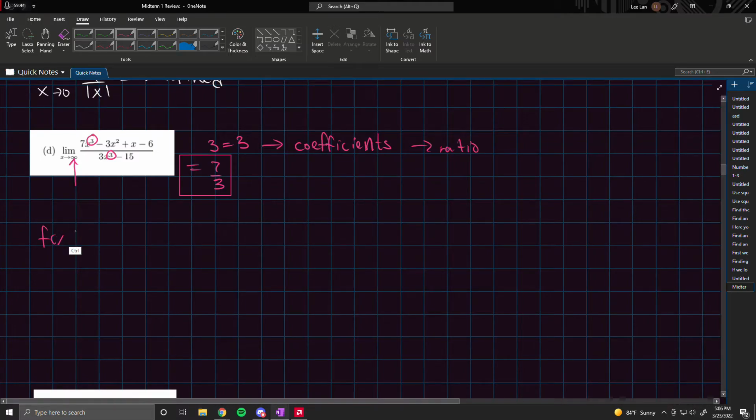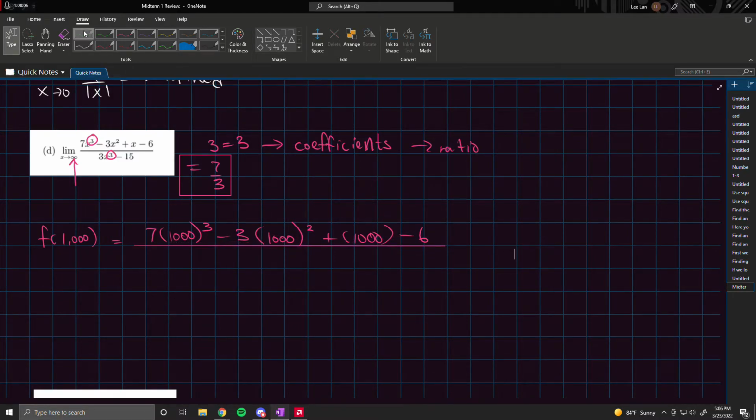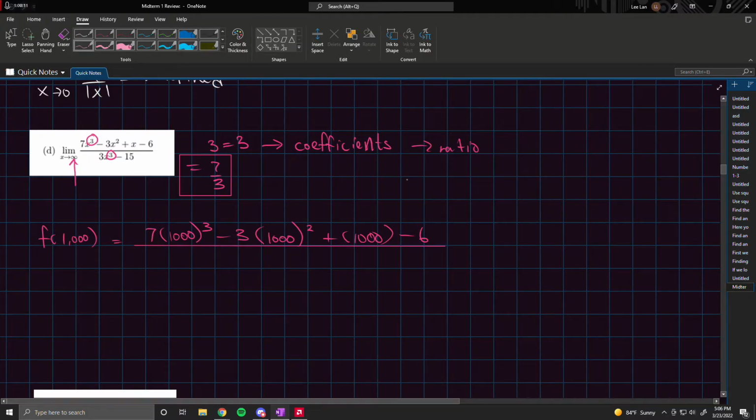Let's plug in 1,000. 7 times 1,000 cubed, minus 3 times 1,000 squared plus 1,000 minus 6. And 3 times 1,000 cubed minus 15.